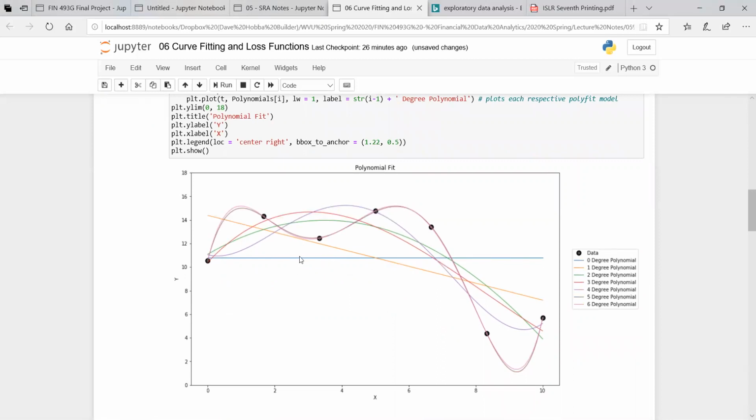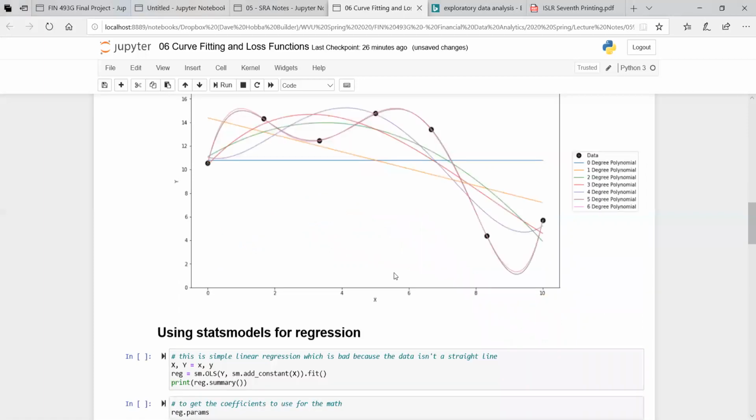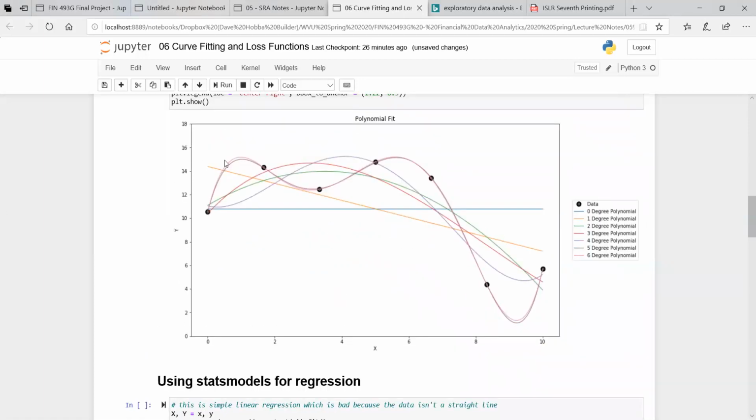At any point on this line, it is the mean, and that is the number you're using to describe it. Then this line going down is a second degree. As you can see, as you add more and more degrees to the polynomial, it is a better fit, almost an exact fit, but it's overfit.